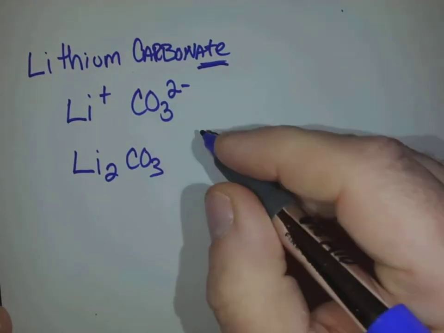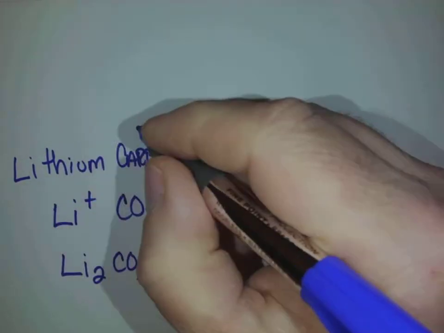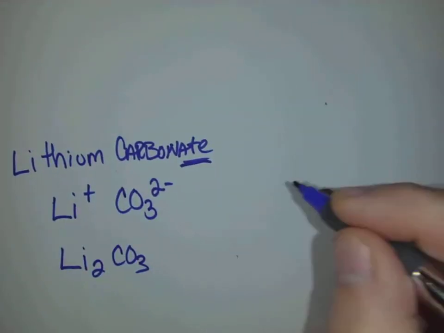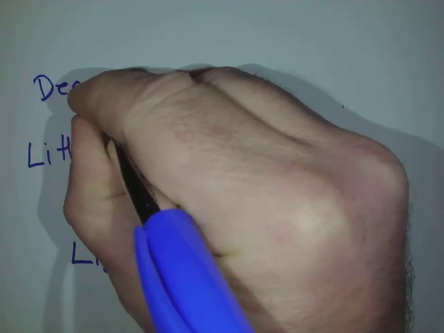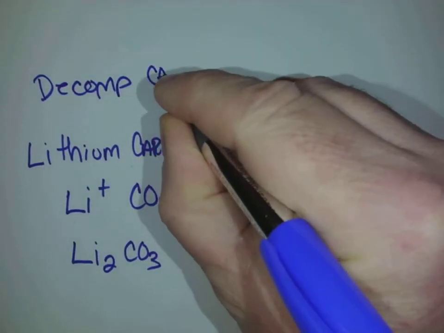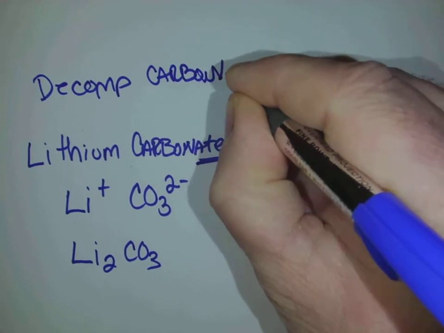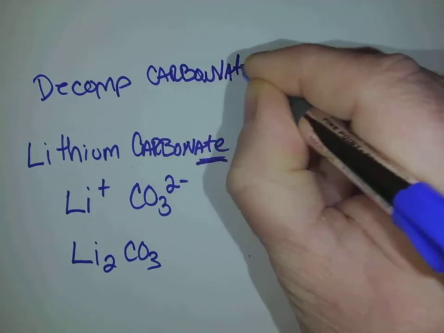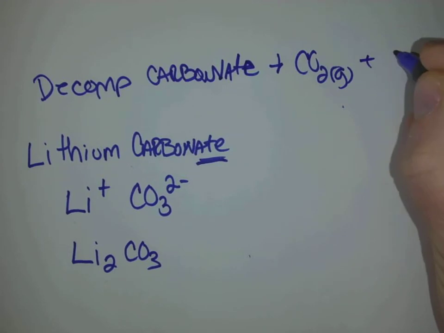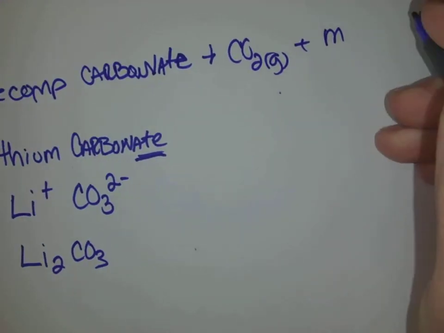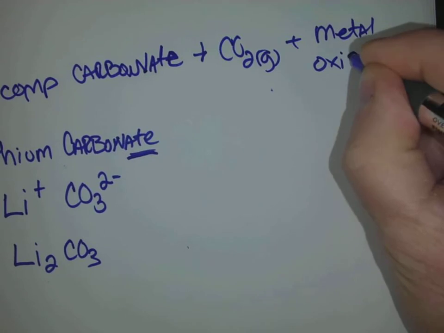So, when you have a decomposition of a carbonate, you are going to get CO2 gas all the time, and what we call in the business a metal oxide.